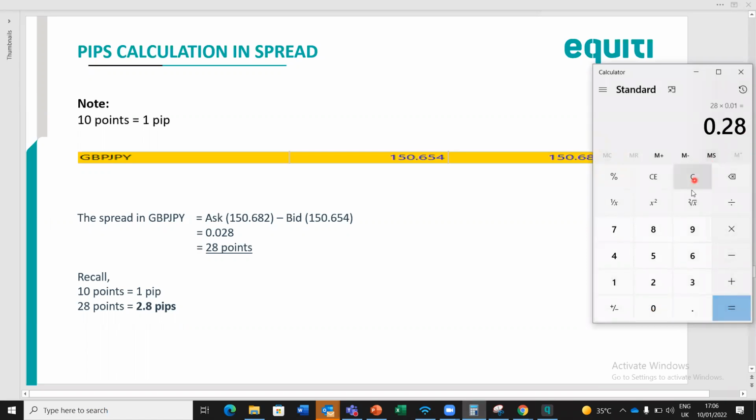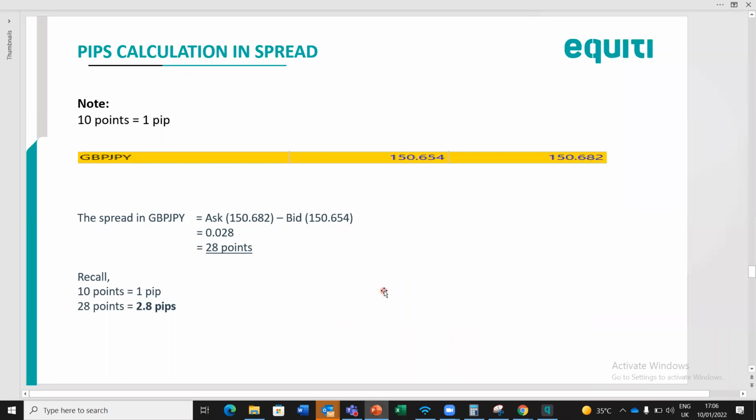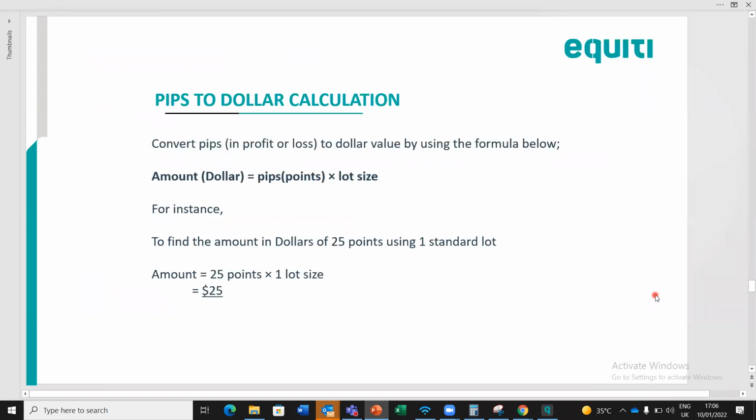So in other words, you're paying 28 cents for trading 1,000 units of GBP JPY. So you can see that that is actually really small, right?